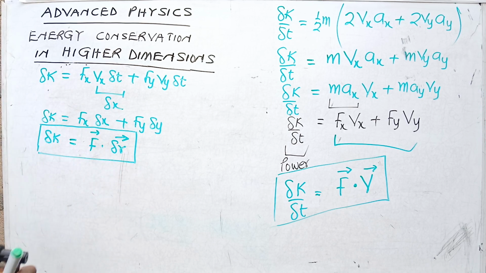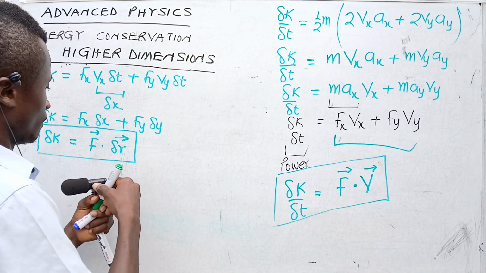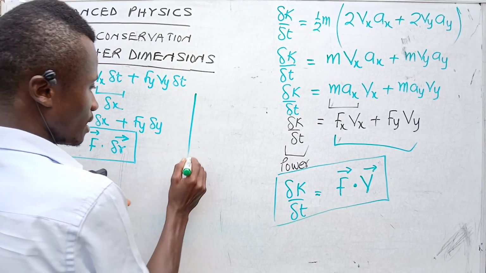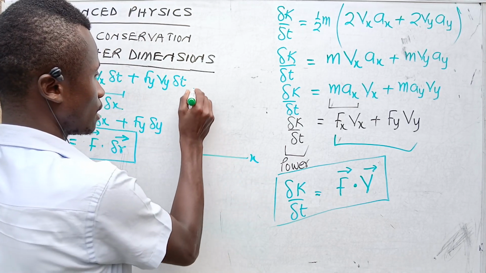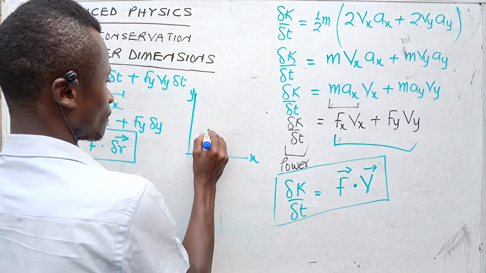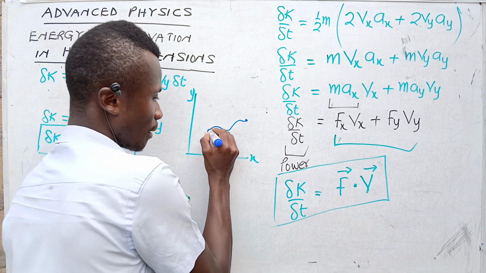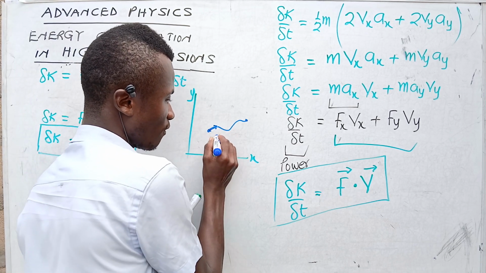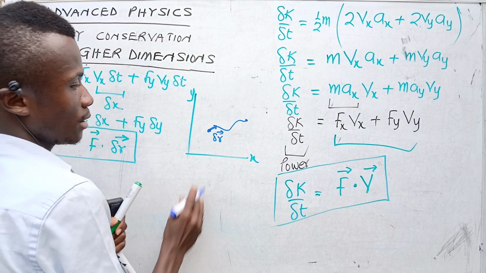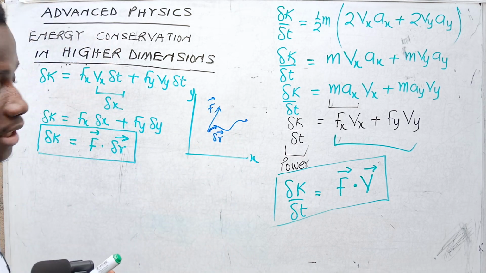So let's just say we make a long trip. And this one is such that in the xy plane you have a force vector that does this, and on a minute part of the trajectory you have little dr, and you have the force vector at this point pointed in any arbitrary direction.